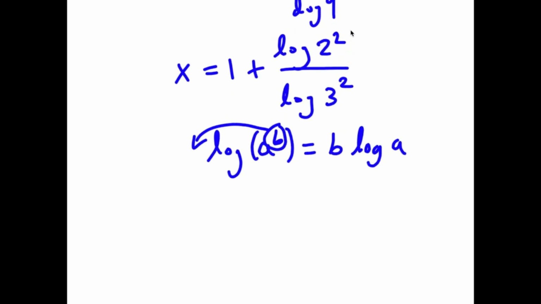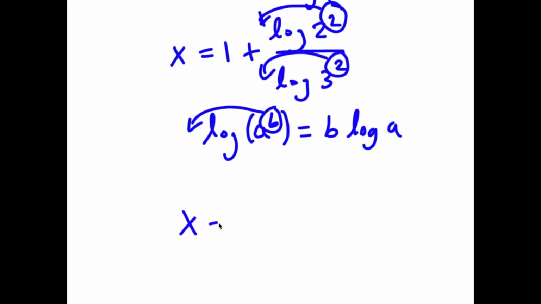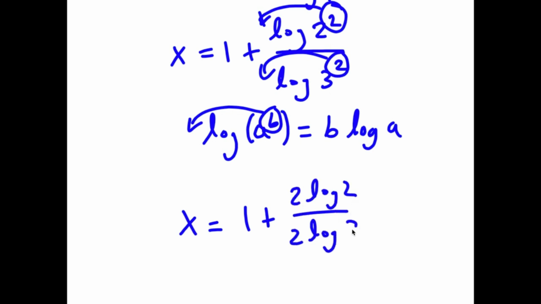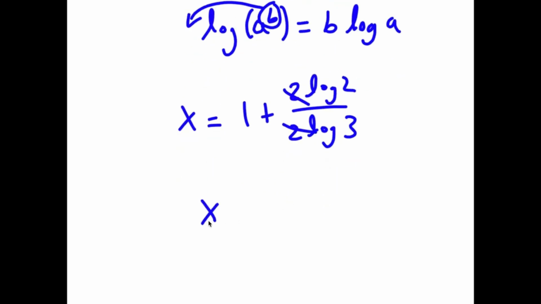So now I can move 2 to the front for this, and 2 to the front for this. So now I have x is equal to 1 plus 2 log 2 over 2 log 3. If I cancel these two out, I get x is equal to log 2 over log 3.